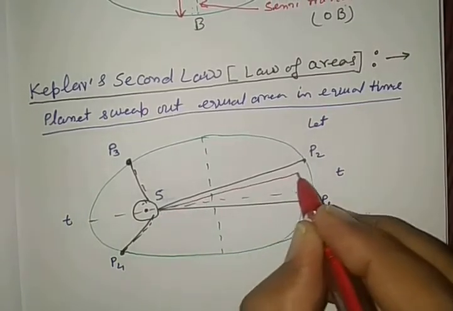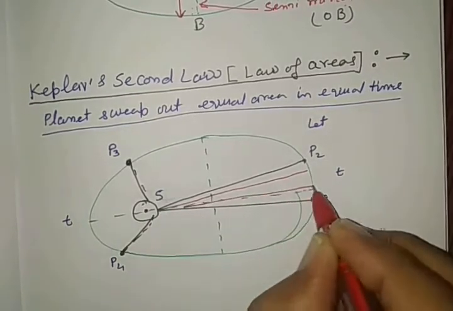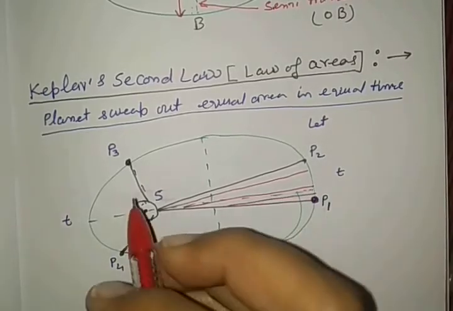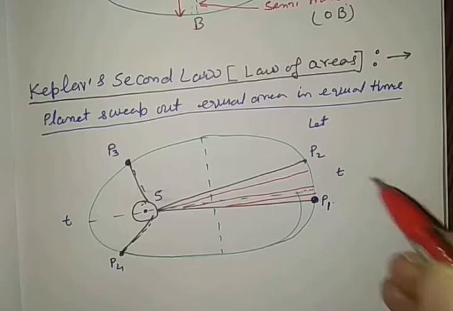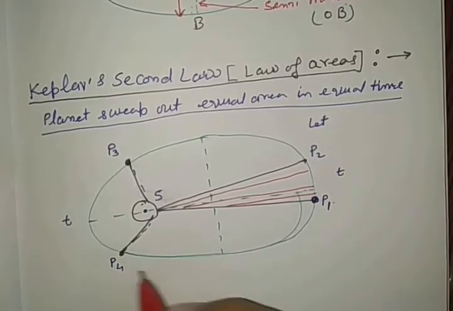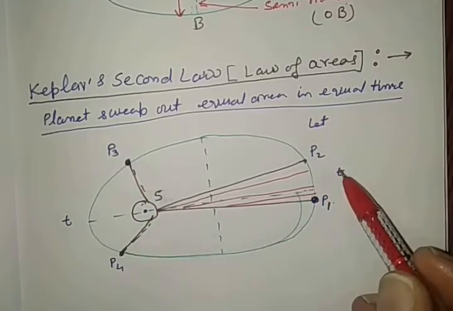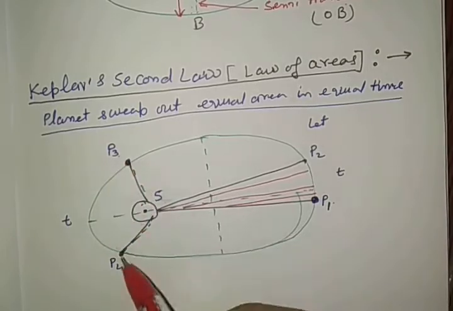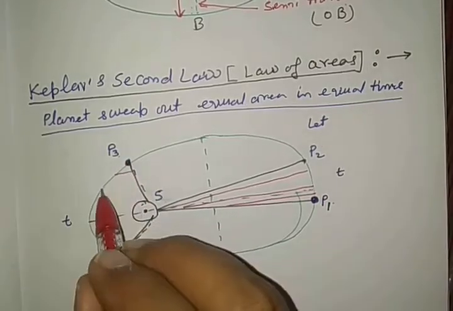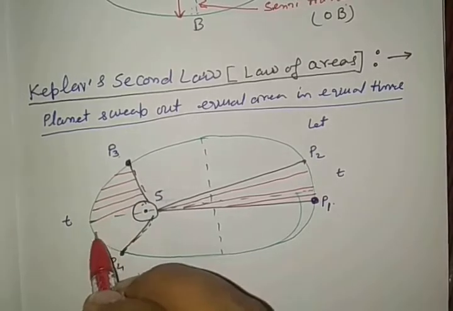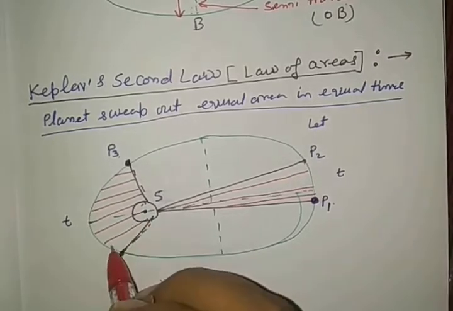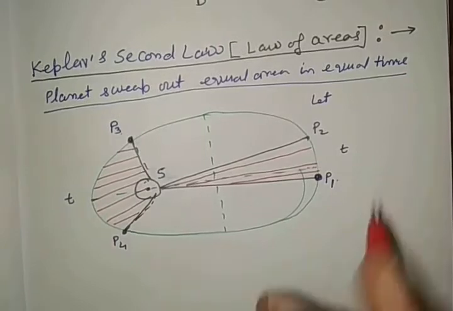See the area swept by the planet moving from P1 to P2 in time t, and from P3 to P4. So both areas are equal. Planets sweep out equal areas.